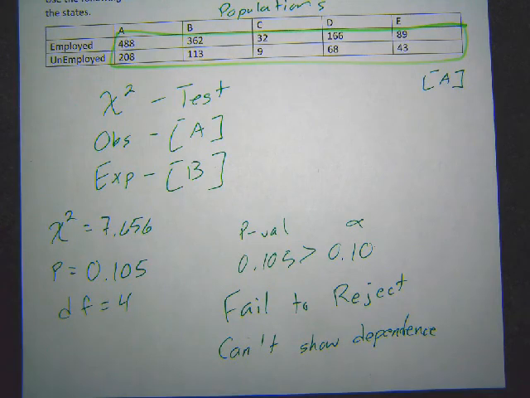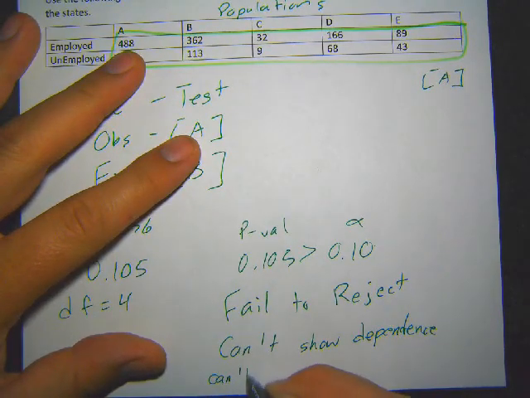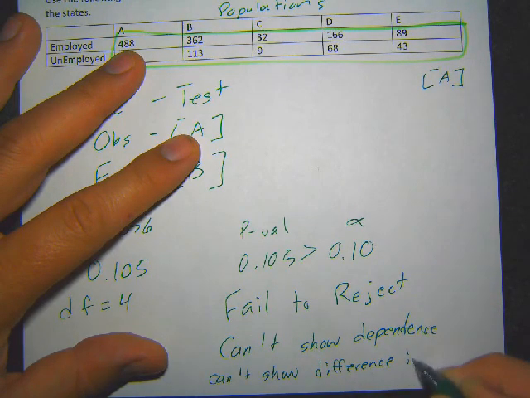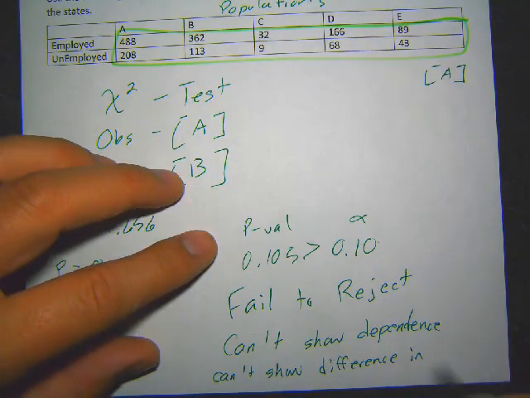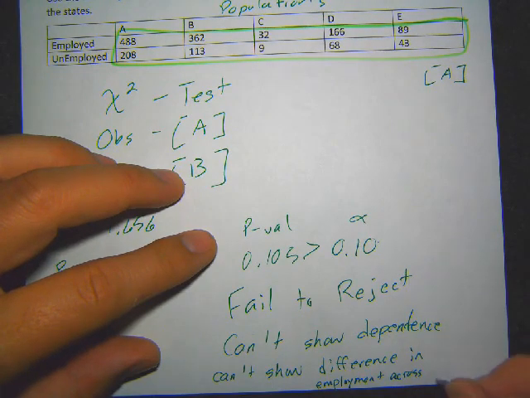In this case, we're not able to show that there actually is a difference across these different nations in their employment rates. So can't show dependence, so can't show difference in the employment across these states.